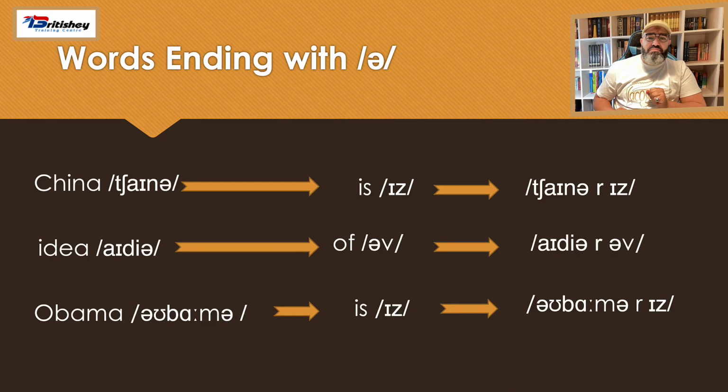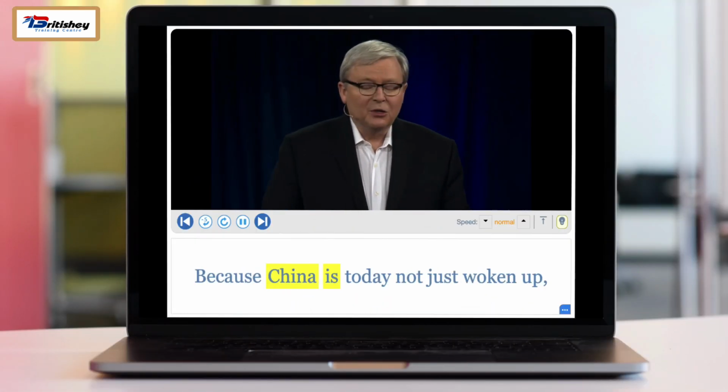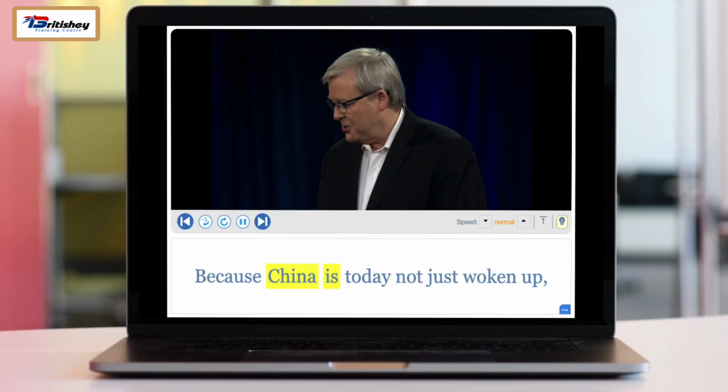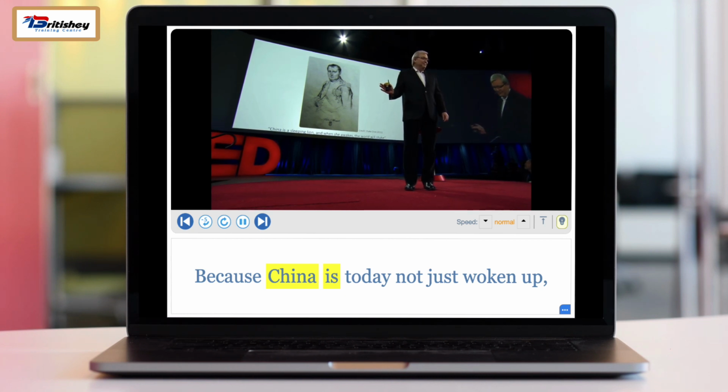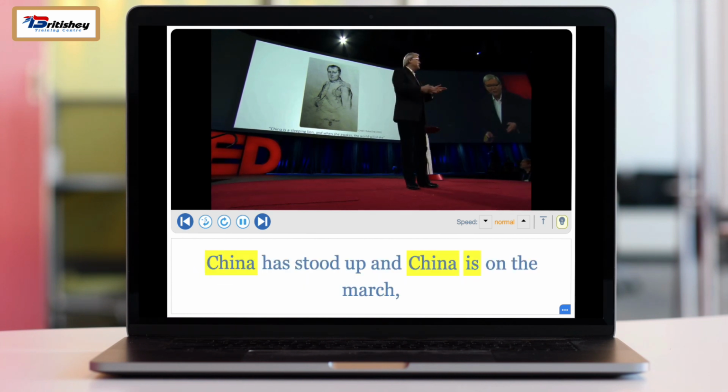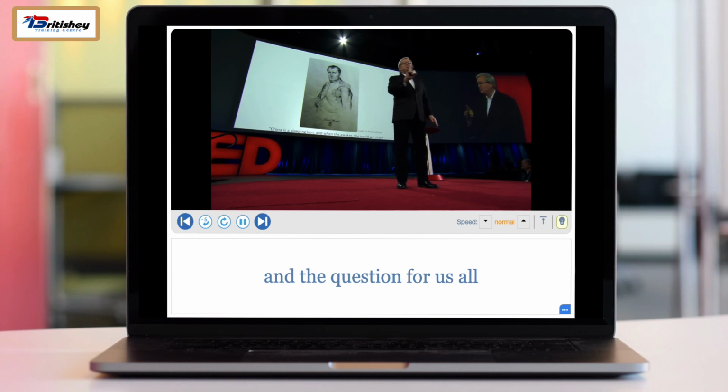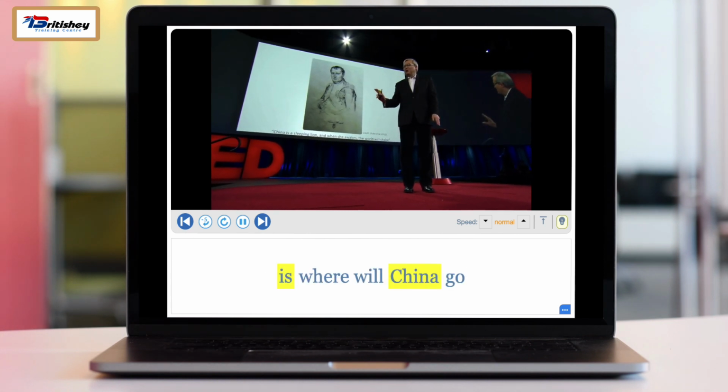Now some more examples from Australian English. Let's go. He got this one absolutely right, because China is today not just woken up. China has stood up and China is on the march, and the question for us all is, where will China go?